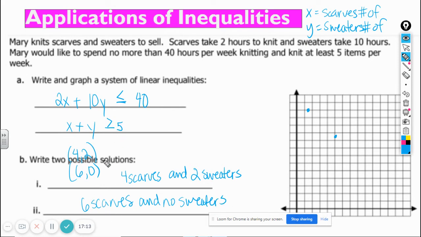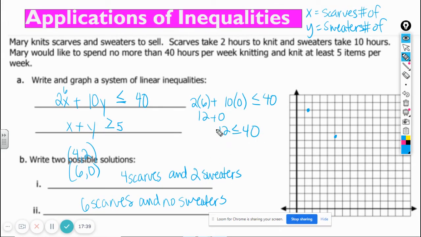She would have more than 5 items, right? 5 or more, and she would work less time here. How do I know that that's actually true? Well, I could take this 6 and 0 and plug it in right there. So 2 times 6 plus 10 times 0 is supposed to be less than or equal to 40. So that's 12 plus 0. So 12 is less than or equal to 40.